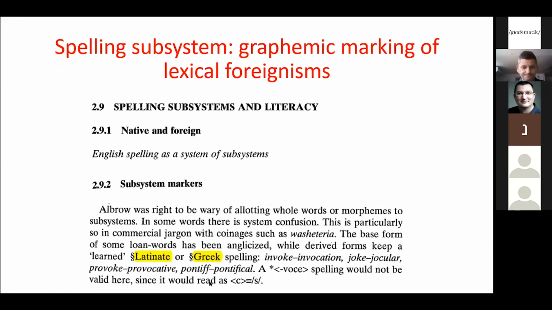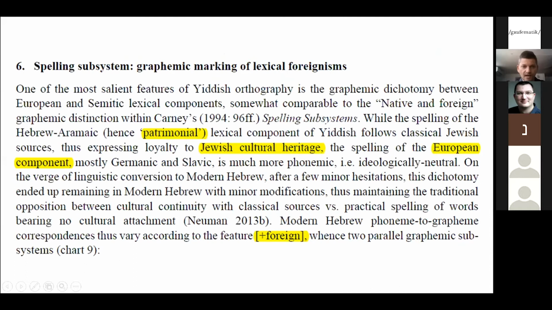Now, as for Hebrew, we can observe that, based on the practice in Yiddish, Hebrew reserves special graphemic treatment to non-Hebrew words.